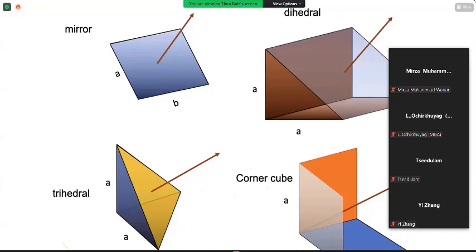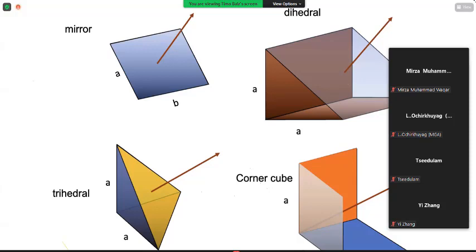And these are forms where we build artificial targets so that we can find them in the SAR image, but we also find such forms in nature. Typically, actually not really nature in that sense, more like man-made objects.